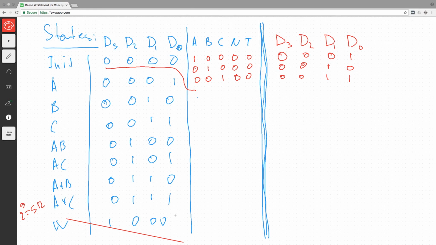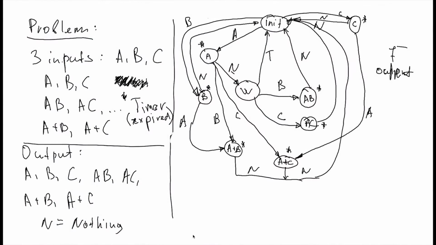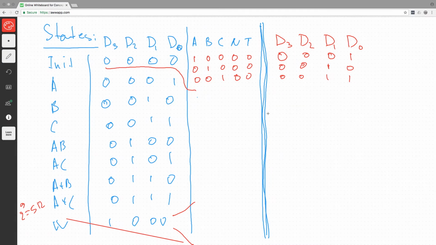So in other words, that row I want to expand to three additional rows. And from state W, I allow signals T, B, and C. Signal T will be 00001, signal B 10000, and signal C 00100.